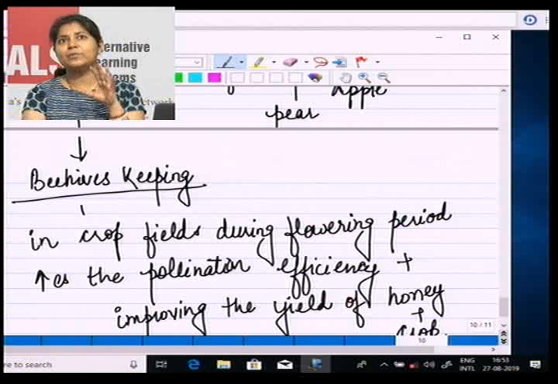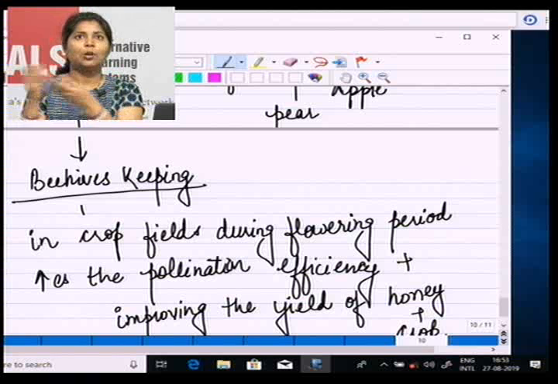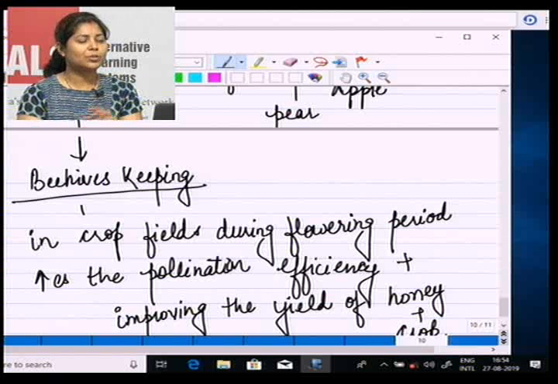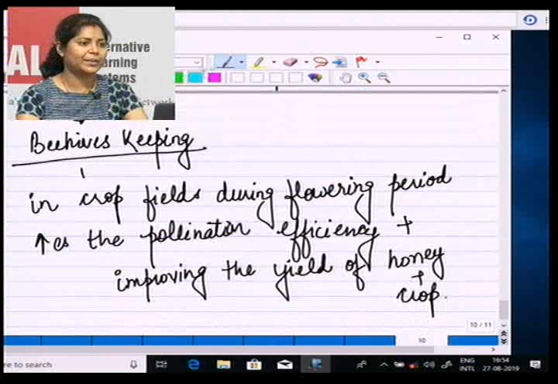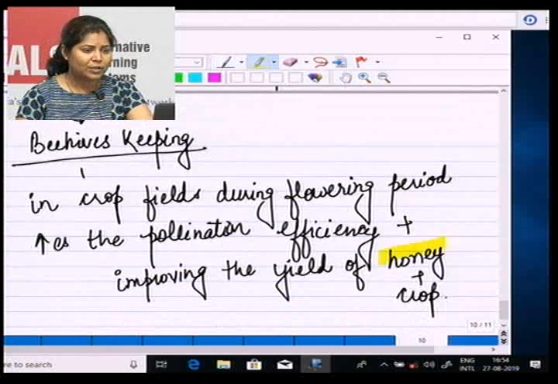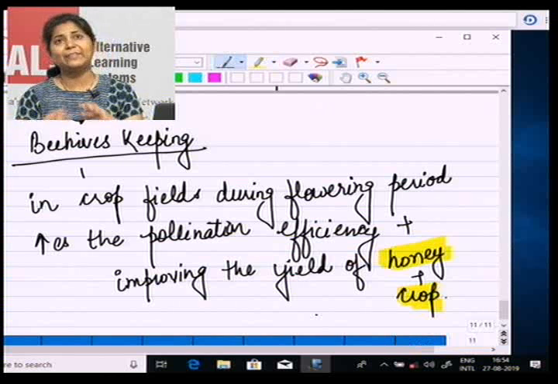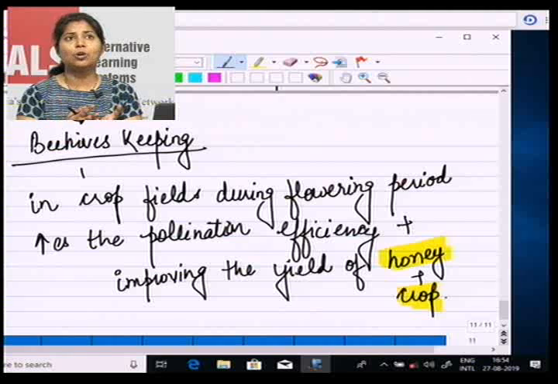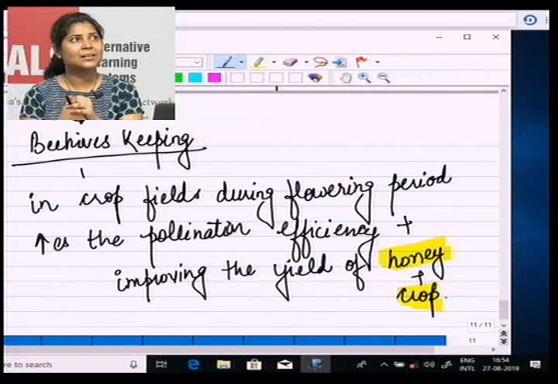Fruit is the structure which has seeds in it, and seed is the future of a plant species. So we have a double edge: good honey because of many flowers, and good crop because of good pollination done by the honeybees.